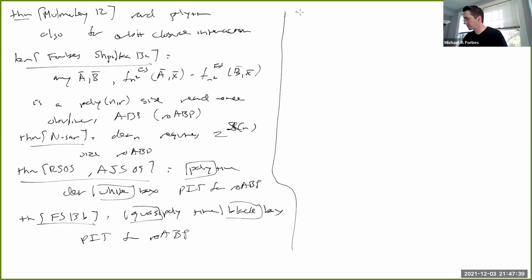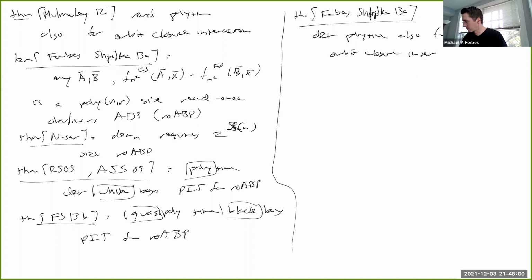And then what we get, the final statement of today, is that first of all, there is a deterministic polynomial time algorithm for the orbit closure intersection for simultaneous conjugation.